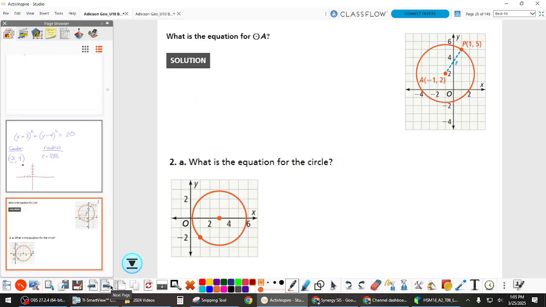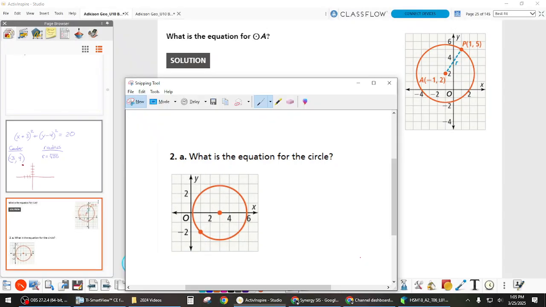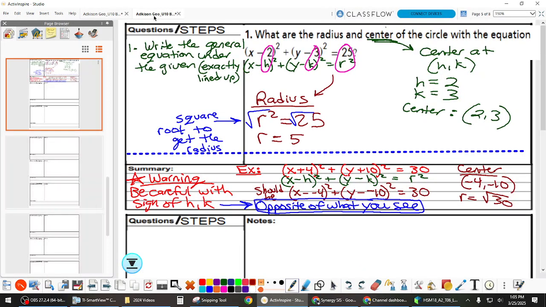Okay. Here's another way that we can use this. Here's a circle. What's the equation? So now we're going backwards. Let's put this one in your notes for an example. I know you won't be able to graph it perfectly, that's fine.